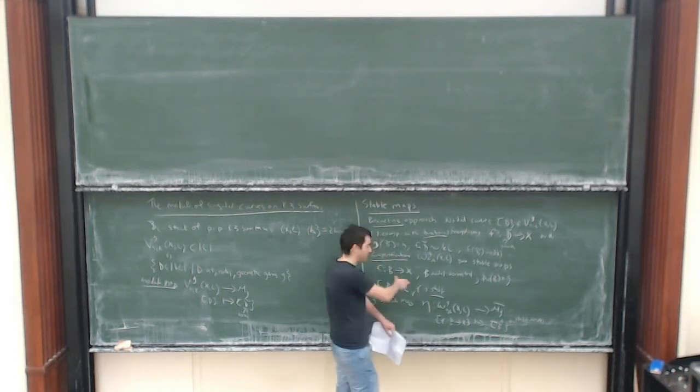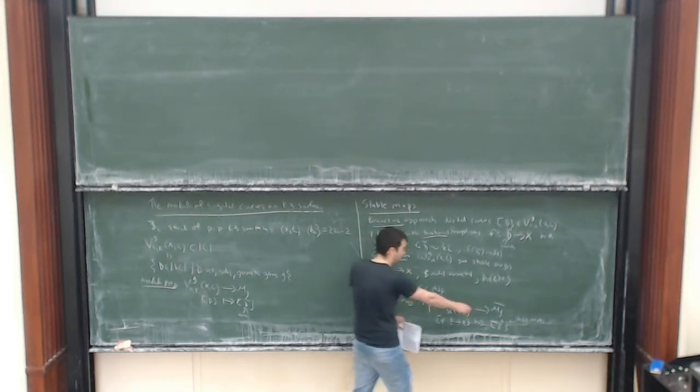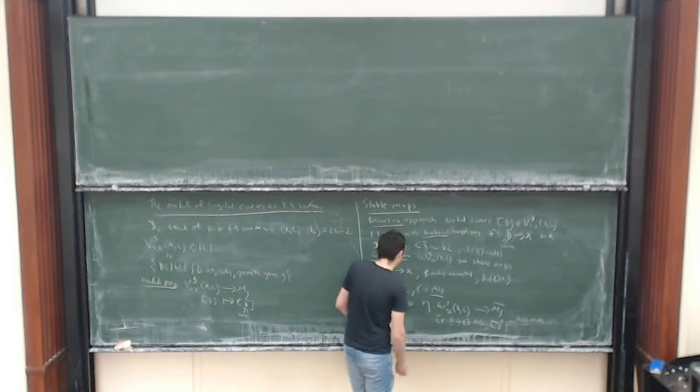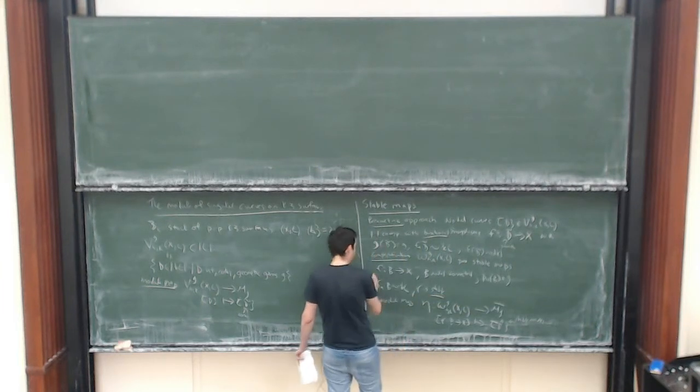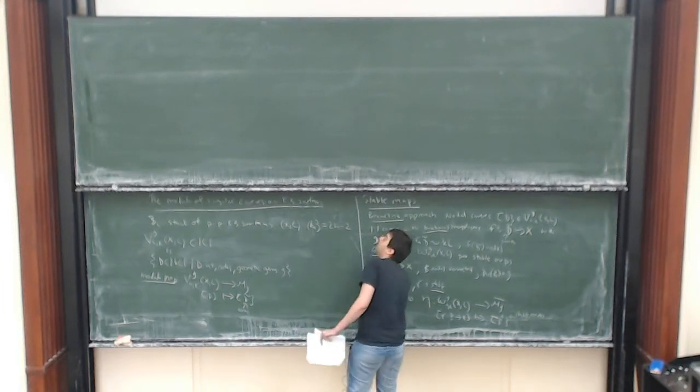But there can still be components which are not contracted to one point but only meet the rest of the curve in 2 points, and the stable model means you contract these. So there's a difference between the stability for a map and stability for the curve.